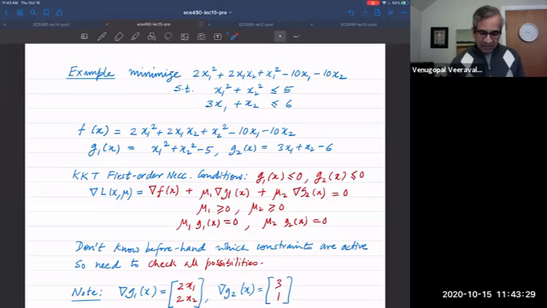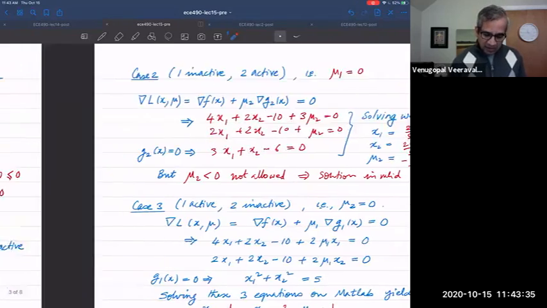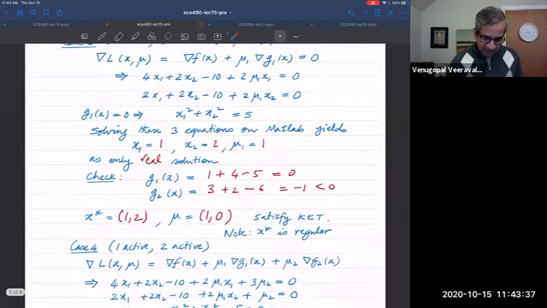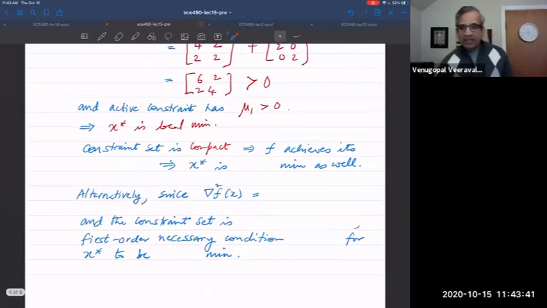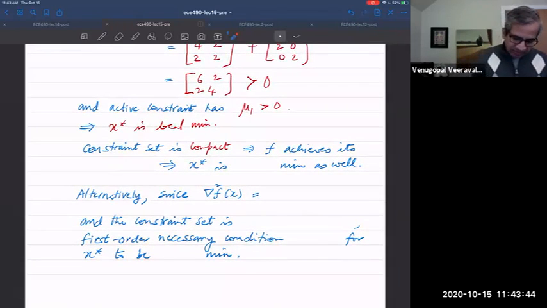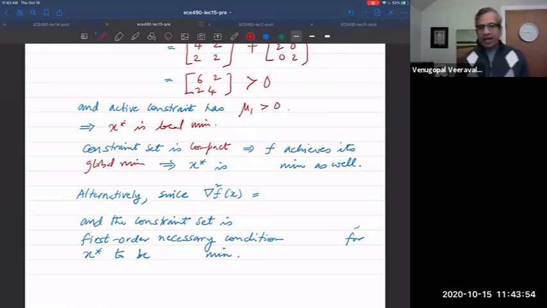And so the intersection of these two sets is closed and bounded, so it's compact. So you have a constraint set that's compact. That means F achieves its global minimum by Weierstrass's theorem. It's a continuous function on a compact set. And so there's only one candidate for a local min, and that has to be the global min.